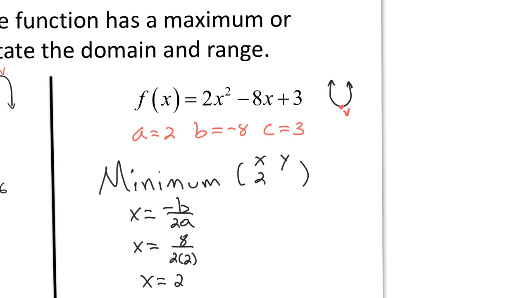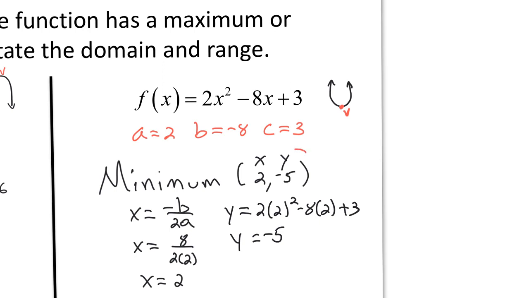So my x coordinate is 2. Now I'm going to go back and substitute the x into the function, because I need to find the y. Once again, I change the f of x to y. So 2 times 2 squared minus 8 times 2 plus 3. So your y value equals negative 5. So our vertex is at 2 and negative 5.